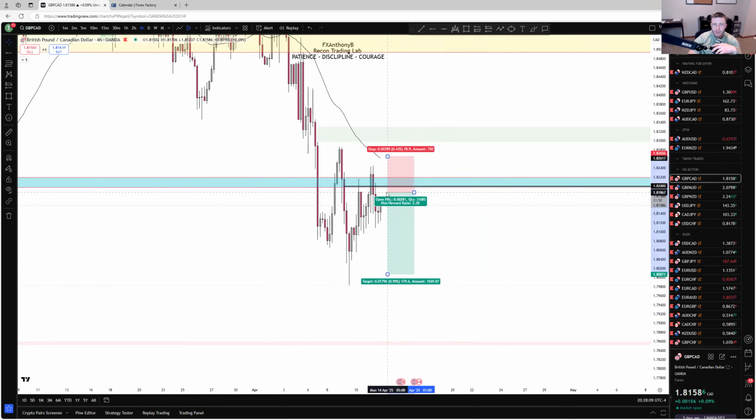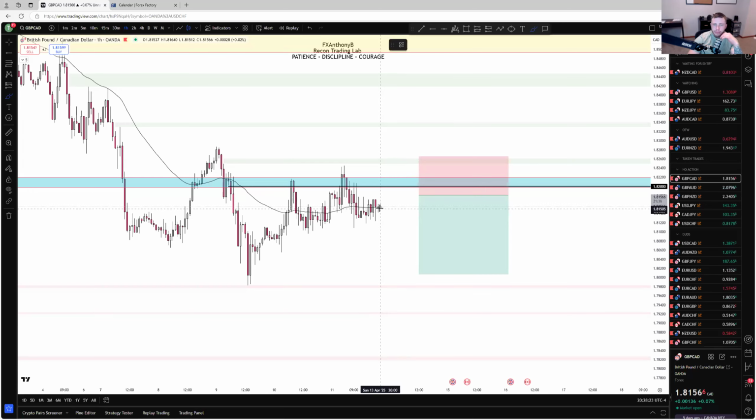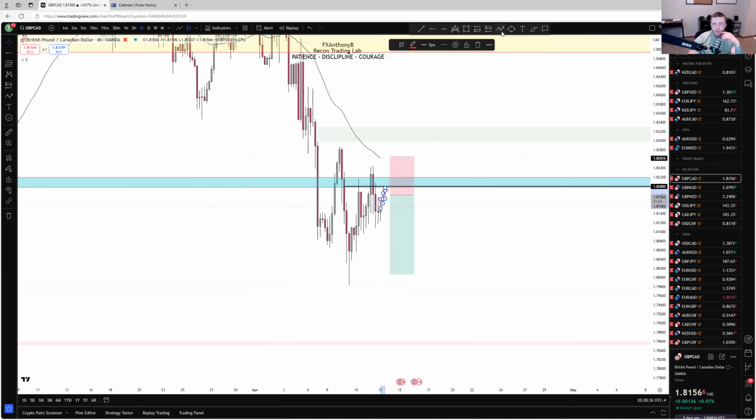4 hour's a little too far away, so we can bring our entry just a little bit higher. But yeah, this could be an entry tonight. Price action will pull this 1 hour up. If price continues to build like this, as it's building like this, it's also bringing our 4 hour down.